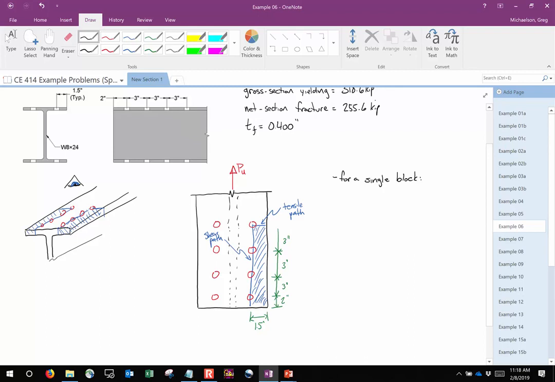So we need gross areas, we need net areas. Let's start off with gross area in shear. How do we compute the gross area in shear?